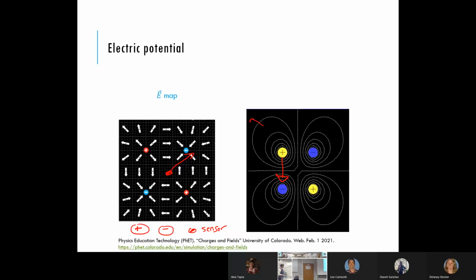Also for completeness, two charges of the same magnitude but opposite signs. What do we call that again? A dipole. Four charges, same magnitude and opposite signs, like in this arrangement. Quadrupole.